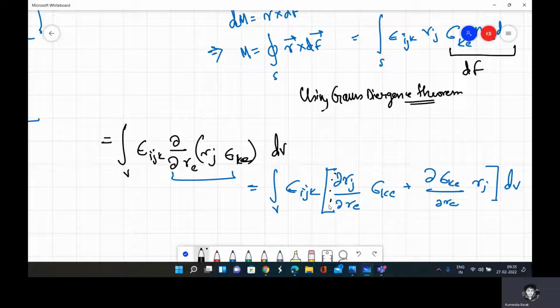Now, what is del r_j by del r_e? This is nothing but the Kronecker delta, delta_je. When r_j is the same component as r_e, it will become 1, otherwise it will become 0, as we are taking the partial derivative. It simply becomes the Kronecker delta symbol delta_je. When j equals e, it will become 1, else 0. As simple as that.